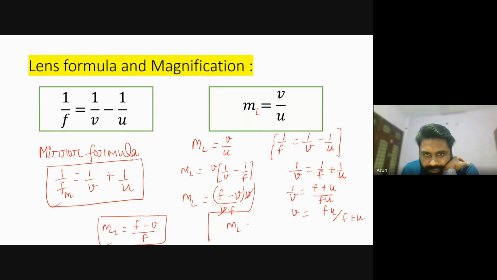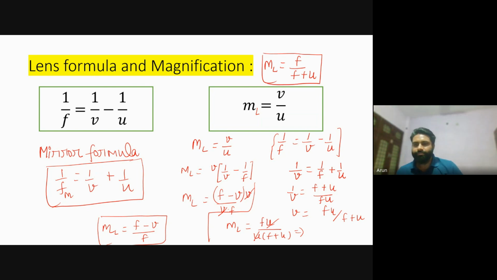So ml here is, put the value of V, FU divided by U into F plus U. U and U got cancelled out, so you have a new formula. I will write it here. ml is equal to F over F plus U. Okay, got it? So you have three formulas for magnification.